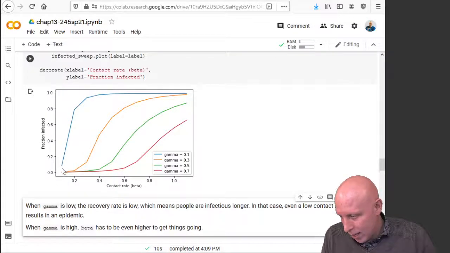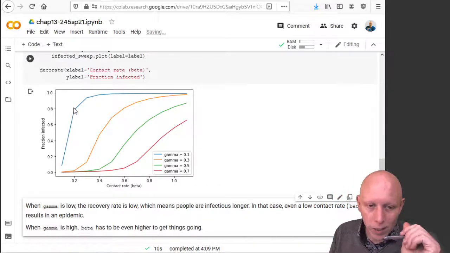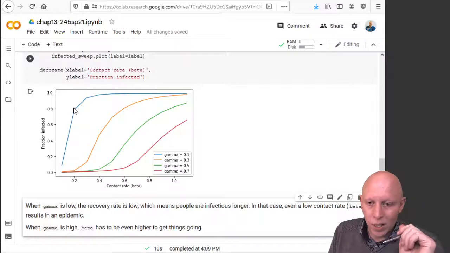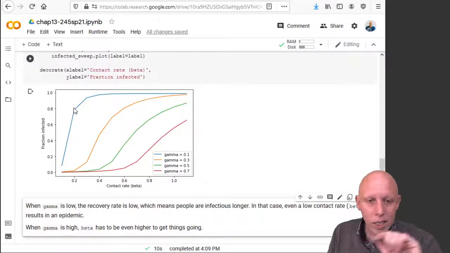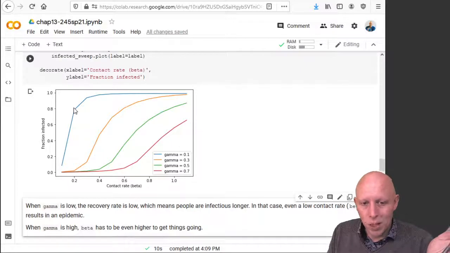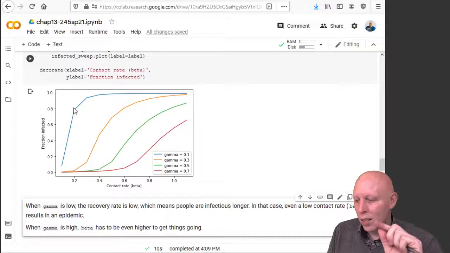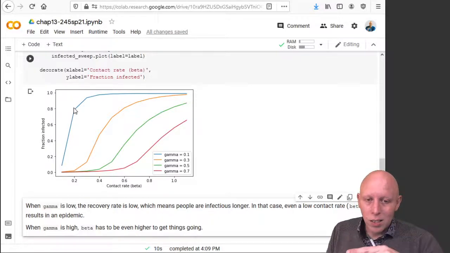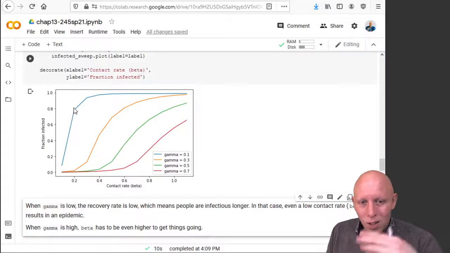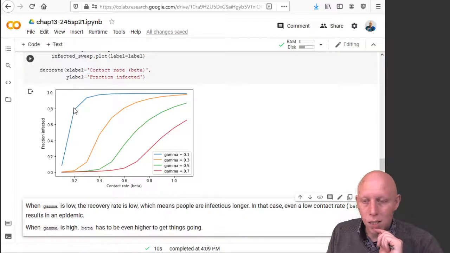It's saying that when gamma is low, remember what gamma is representing? Gamma is representing how long it takes to get better. Low values of gamma mean that it takes a really long time to get better, and high values of gamma mean that it doesn't take very long to get better. Whereas beta represents how likely it is to transmit the disease.